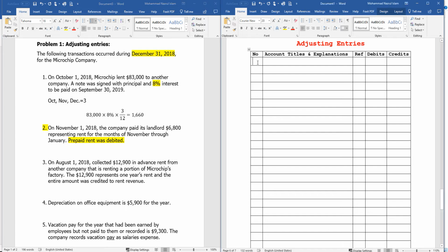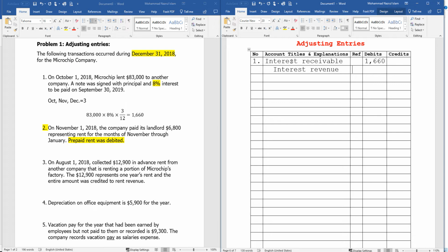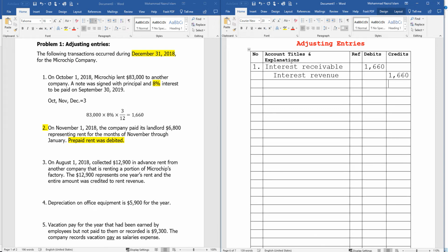Okay, so number one adjusting entry will be interest receivable. Interest receivable because we are not getting the interest even though we have earned it. Interest revenue. So that is 1,660.